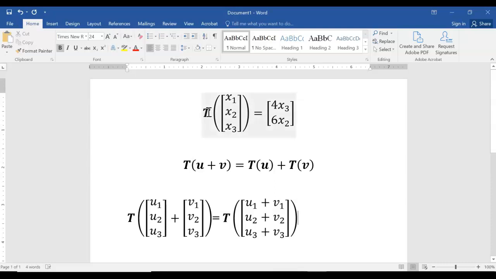Now, here's where the transformation comes into play. The transformation is supposed to do this thing.